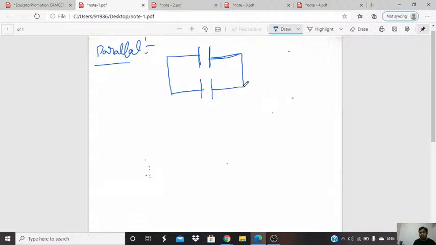They can connect like this. Okay, all the first plates of all the capacitors are connected to first end of battery, and second plates of all capacitors connected to second end of the battery. Potential difference, then that is said to be parallel combination.